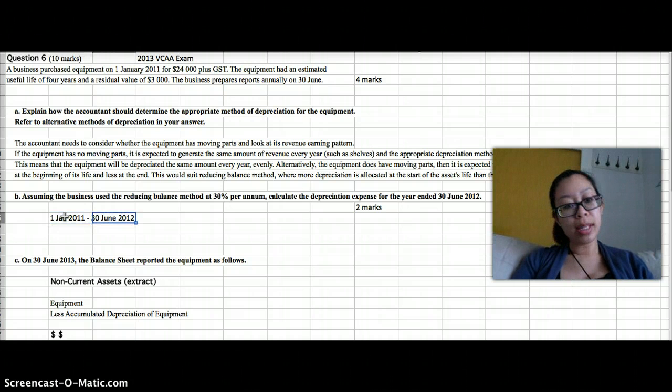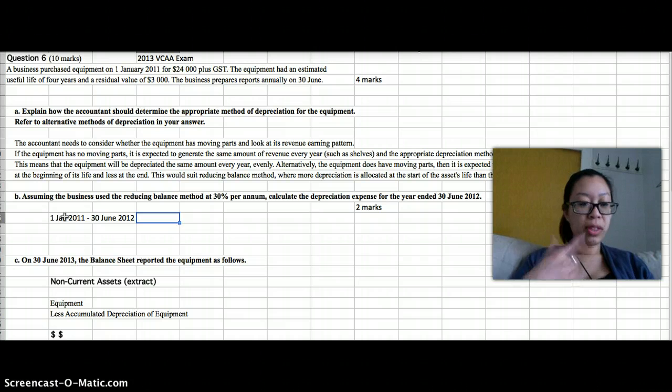So doing timelines are useful. So think about that. Is it a year and a half? 2 years and a half. So we've got 2011 and so that's 1.5 years.